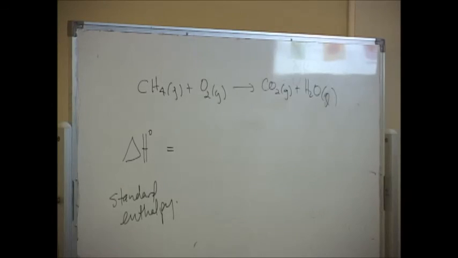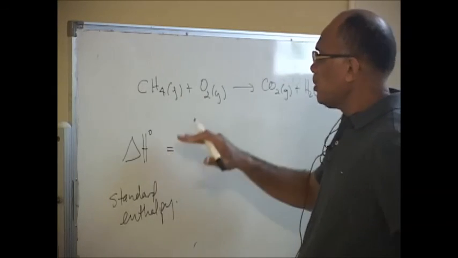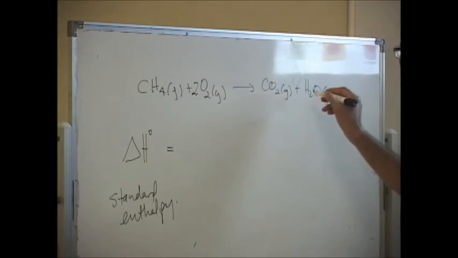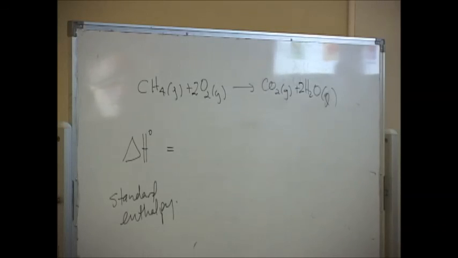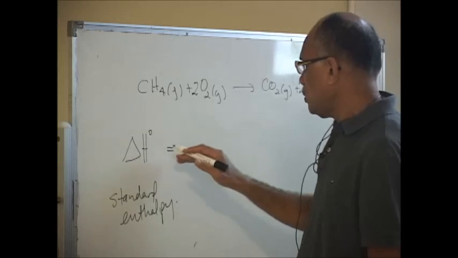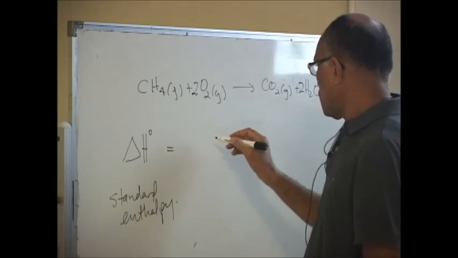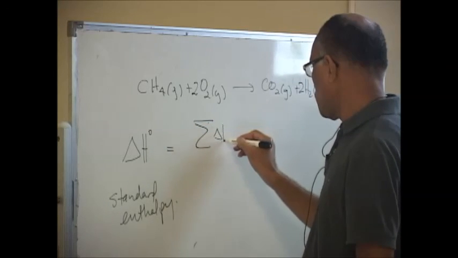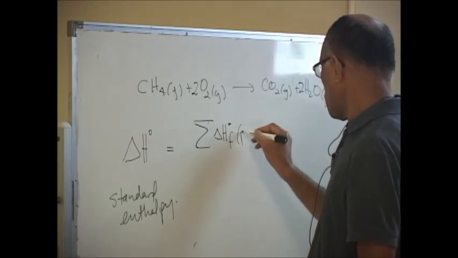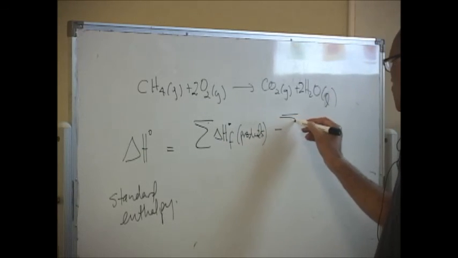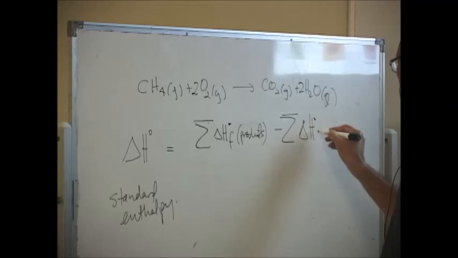So how do we determine that from a chemical equation? Let's balance this out first. It was 2, and this is 2. So when you're given any chemical reaction, to find the enthalpy change of a reaction under standard conditions, you can use the values in the literature, and that is equal to the sum of the heat of formation of the products minus the sum, the heat of formation of the reactants.